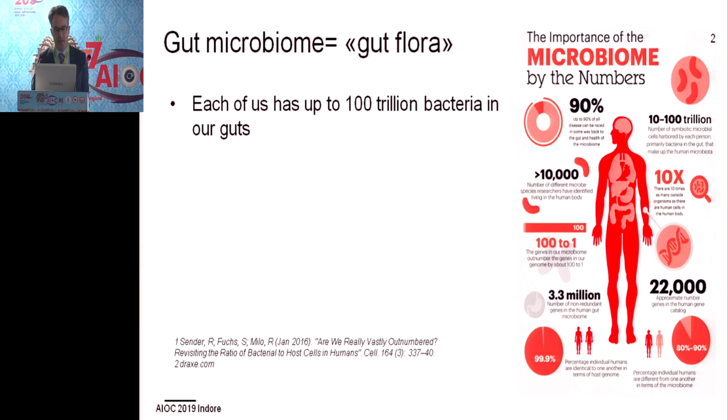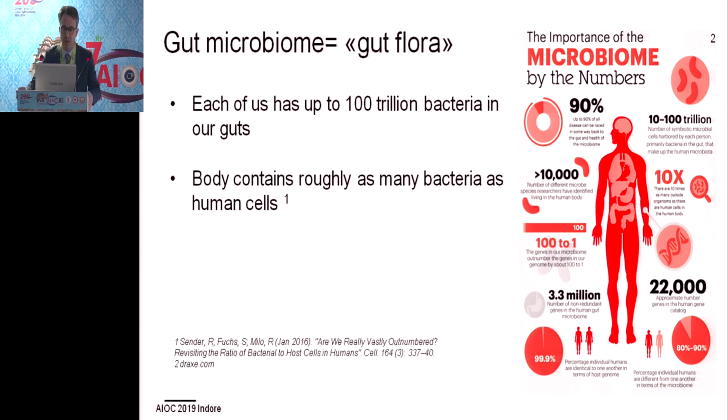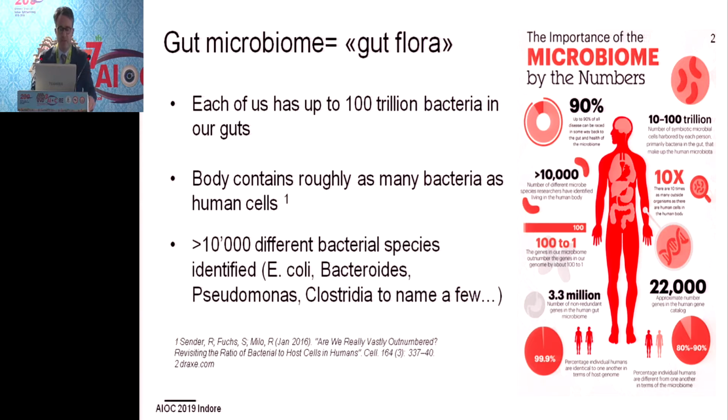Each of us has up to 100 trillion bacteria in our guts. The body contains roughly as many bacteria as human cells, and there are over 10,000 different bacterial species identified. So each of us has a tremendous amount of bacteria in our gut, and they're just normal.